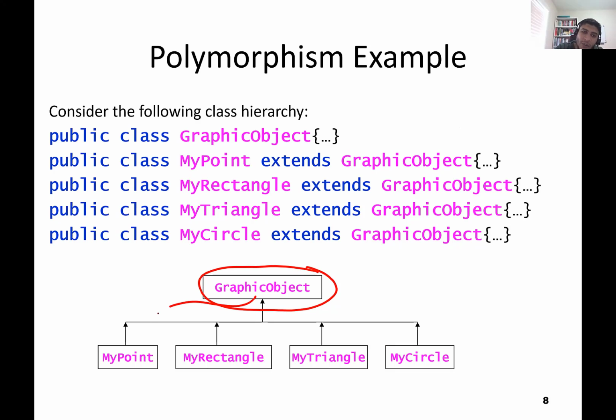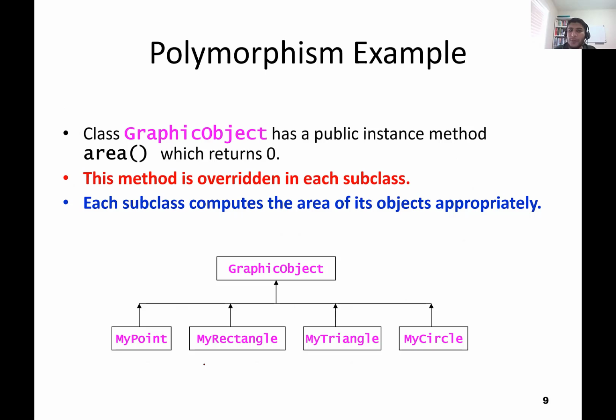And I can use it to create children of all the graphic shapes: circle, triangle, rectangle, square, point, whatever you prefer. This allows you to have your own library of shape classes based on this graphic object. So here, graphic object is the parent, and everyone is the child. How can polymorphism help us in this case? Assume you already have your implementation of these.